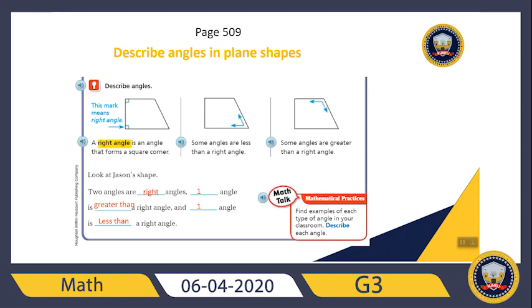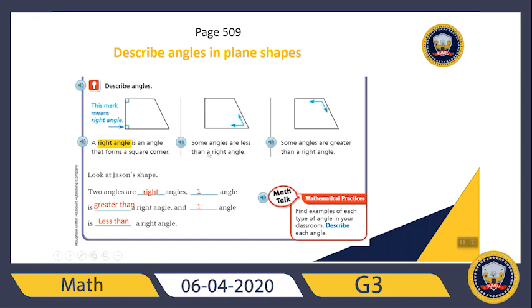Well, let's describe angles. This mark in all shapes means right angle. A right angle is an angle that forms a square corner. Can you see the very small square here? A right angle can make a square on the corner. Again, another right angle because there's a small square here.